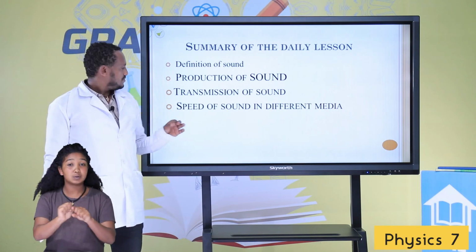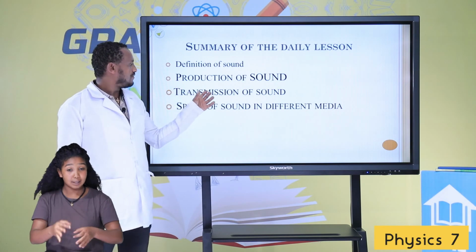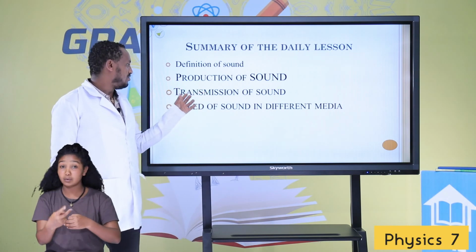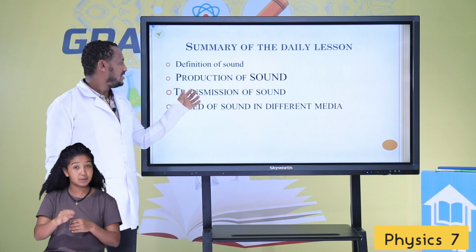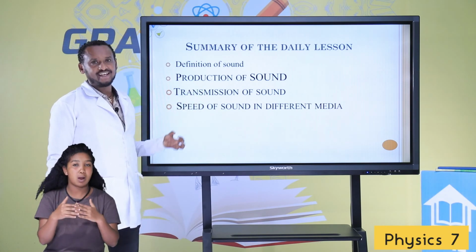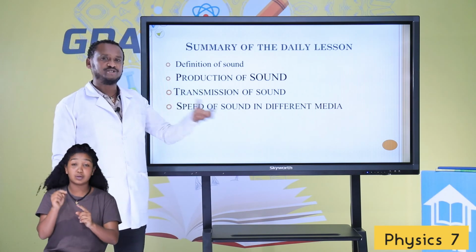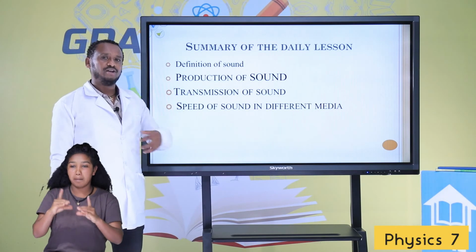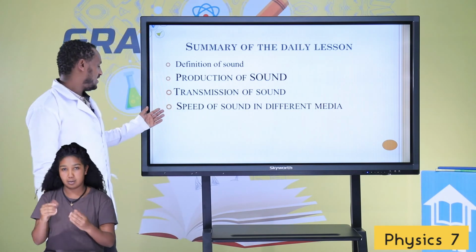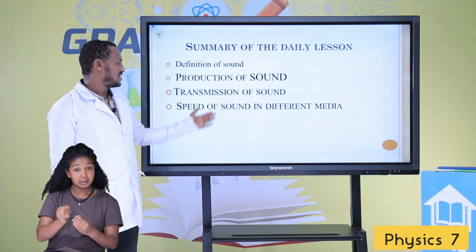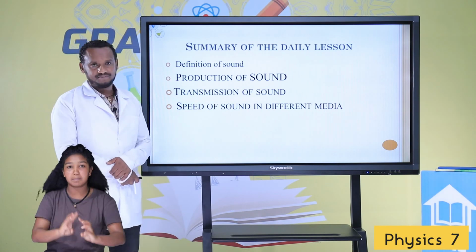So the transmission of sound must use a material or carrier to transmit from one part to another part. And the other one is speed of sound in different media.